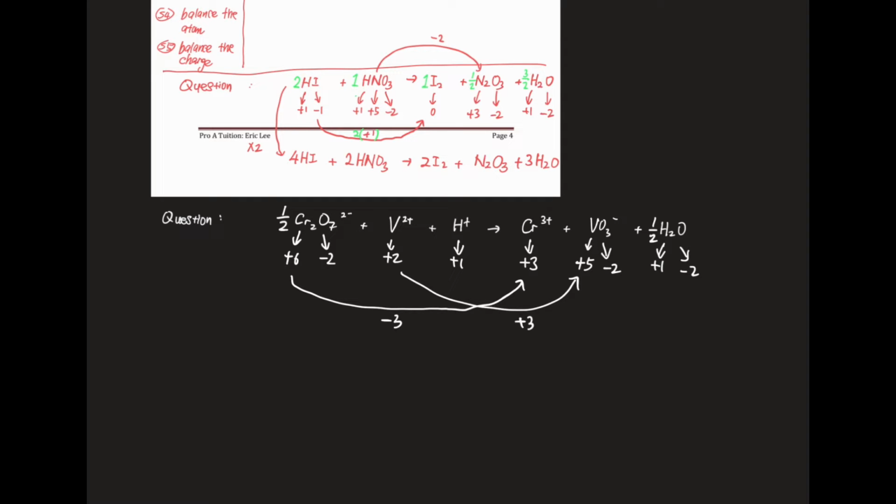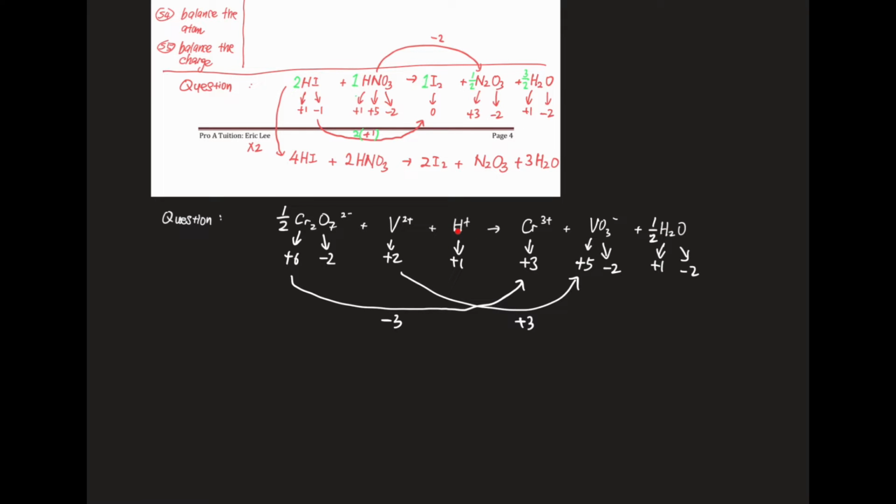Let's see whether they are balanced or not, atom by atom. First we have 1 chromium, 1 chromium, then 1 vanadium, 1 vanadium, then we have 3.5 oxygen, 3.5 oxygen, and 1 hydrogen, 1 hydrogen.